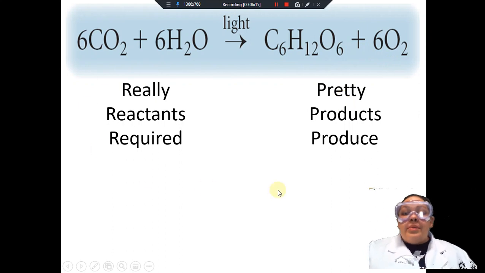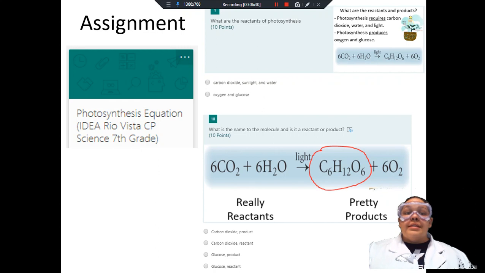So with that being said, that is the main thing I want you to learn this lesson. I have also included really pretty, reactants, products, required and produced in your assignment to help you answer the questions.